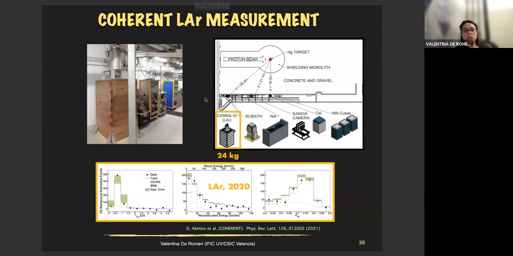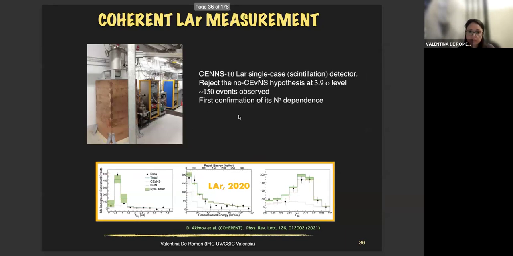So in 2020, they also observed the process using a different target, liquid argon. Again, it was a small neutrino detector, only 24 kilograms. The statistics of this result are a bit lower compared to the cesium iodine one, but it was the first confirmation of the N-square dependence of the cross-section.